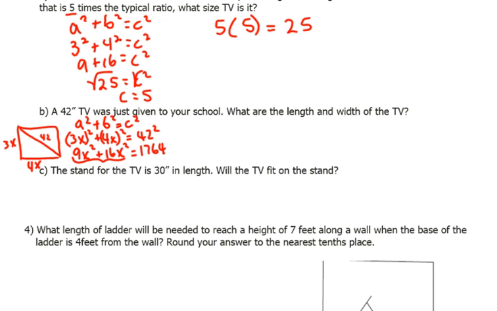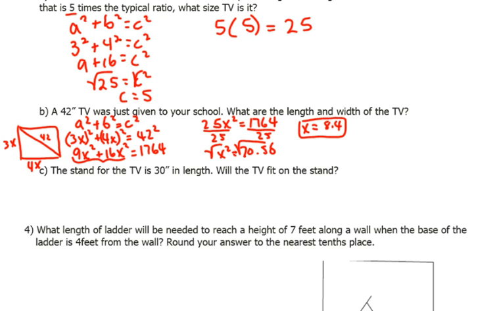That's 9x squared plus 16x squared, which is 25x squared equals 1764. I divide by 25. You get x squared equals 70.56. We take the square root of both sides again. So part of our answer is x equals 8.4, but that's just our ratio.